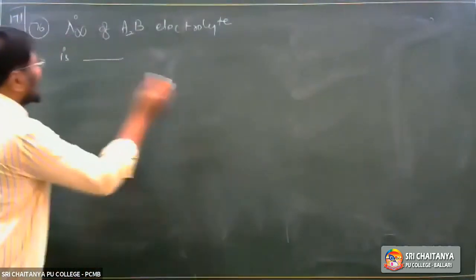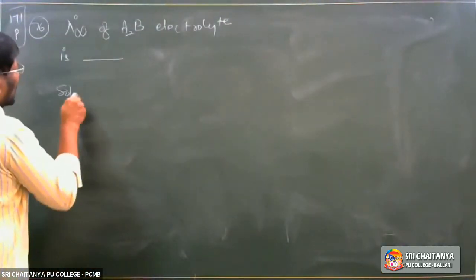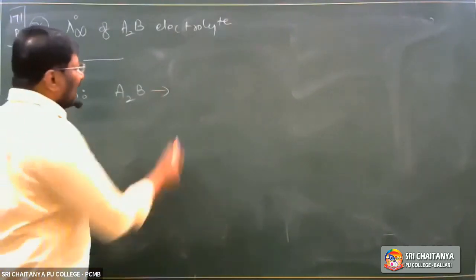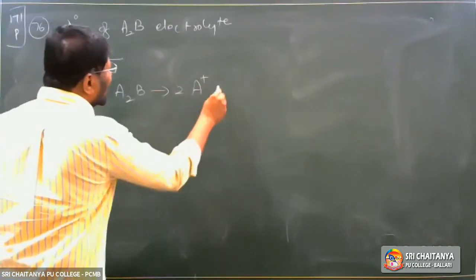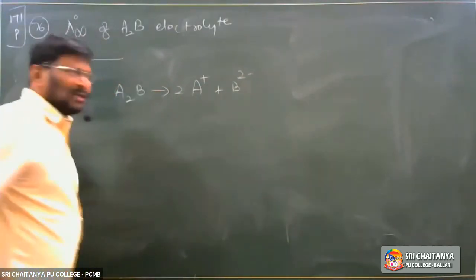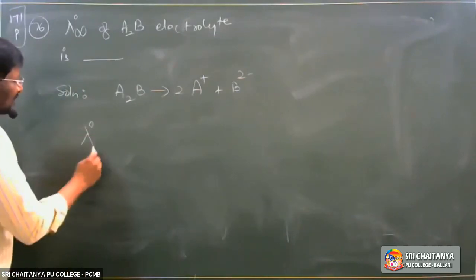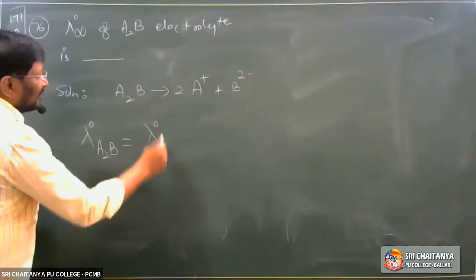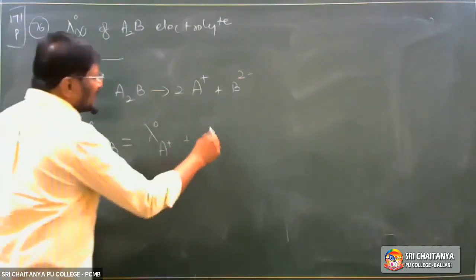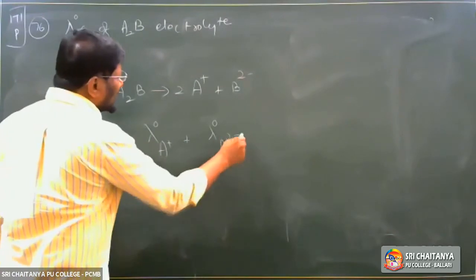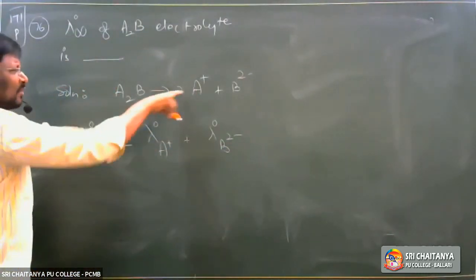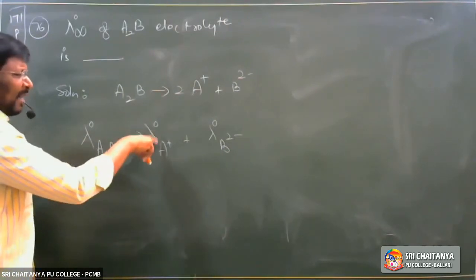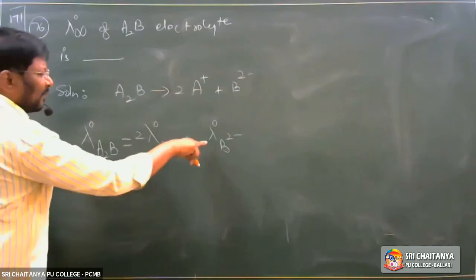So now the solution we can say like this: A2B ionizes like this: 2A plus and B2 minus. So therefore, lambda naught A2B is equal to lambda naught A plus lambda naught B2 minus. Whereas here how many A plus? 2. Therefore 2 into the limiting molar conductance of A plus, then plus this one.